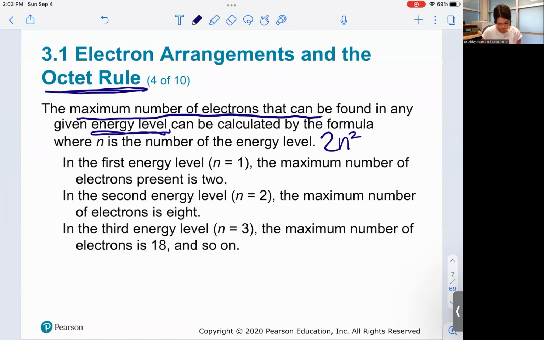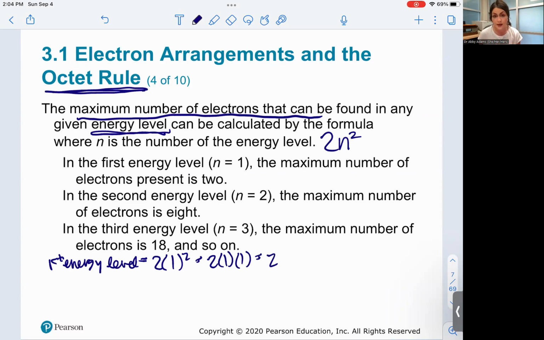So let's say we're talking about our first energy level, all right, and we can think of this as that first period. That's kind of why I wanted to show y'all a little bit. So if you think of your first energy level, you're going to have 2 multiplied by 1 squared, or squared means 2 multiplied by 1 multiplied by 1. Okay, so your answer is 2.